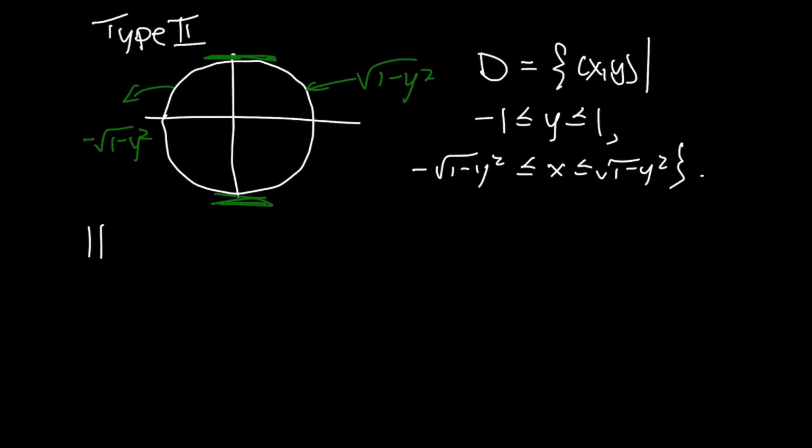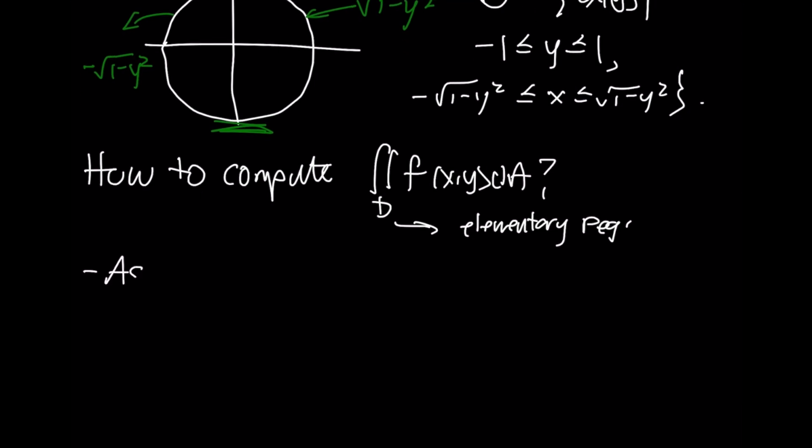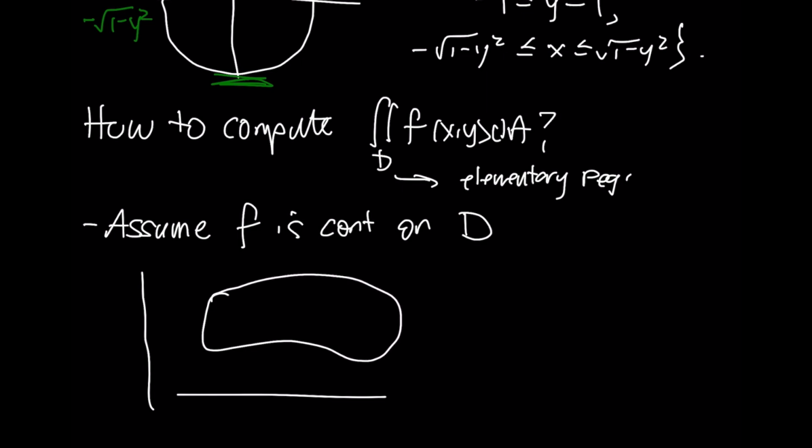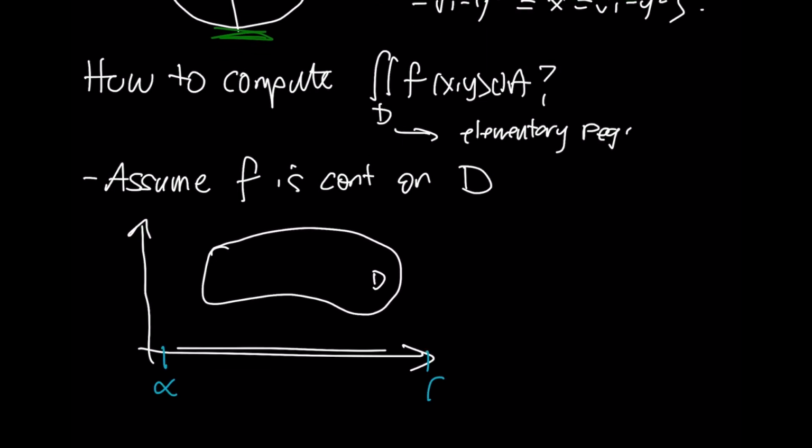So how do we actually compute this integral over some general elementary region? We're going to assume that f is continuous on this region D. So there's our region D. This D is going to be contained within some box, alpha to beta, gamma to delta.